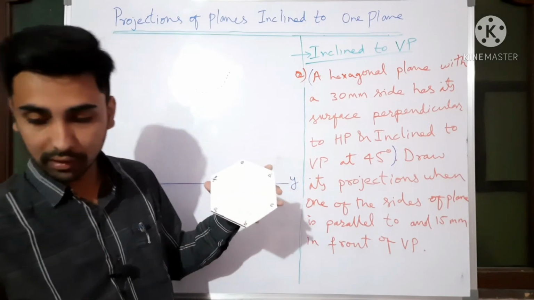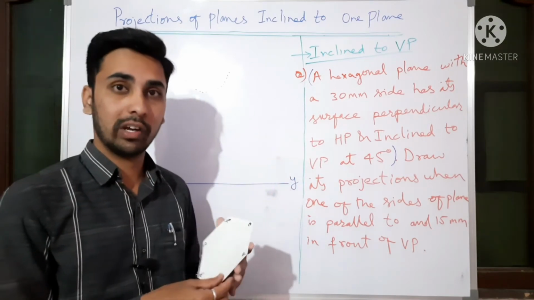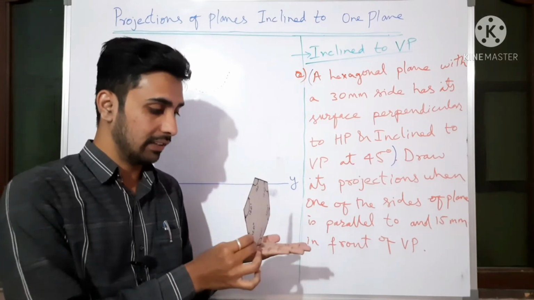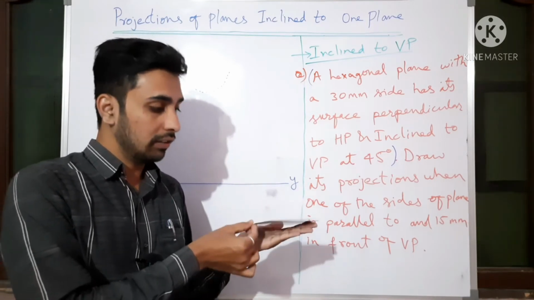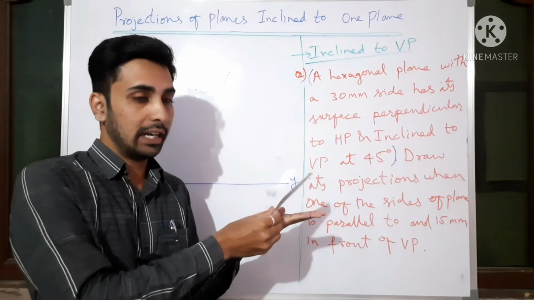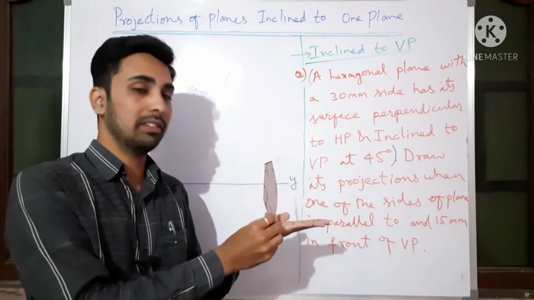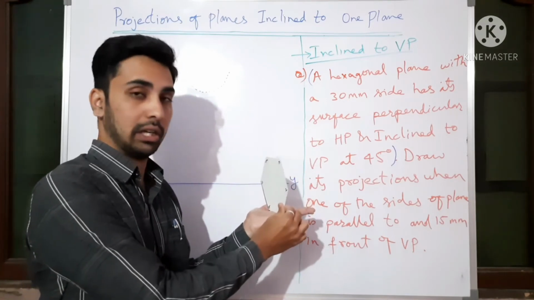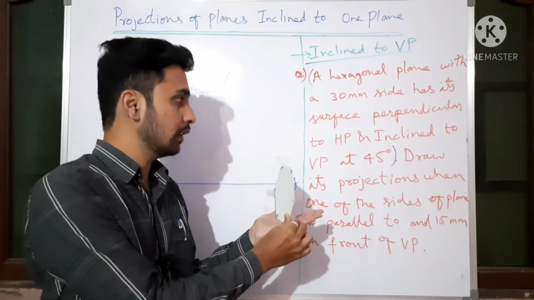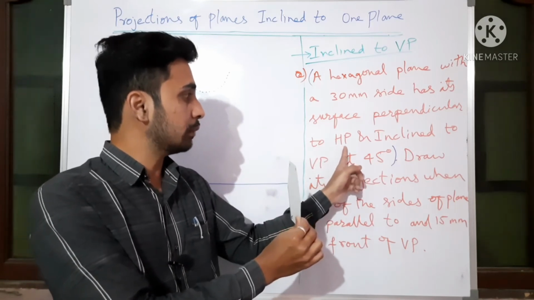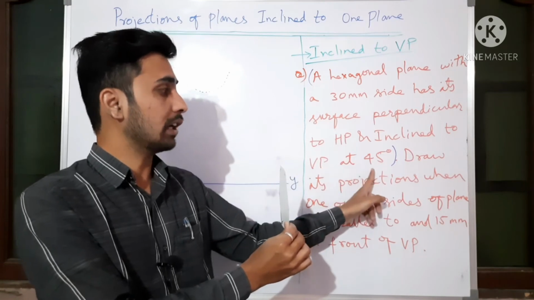This surface of this hexagon is perpendicular with respect to HP. So like this, vertically. Parallel to HP, inclined to HP, perpendicular to HP means this should be vertical, standing vertical like this. Okay, then with respect to VP, the surface is making 45 degree.